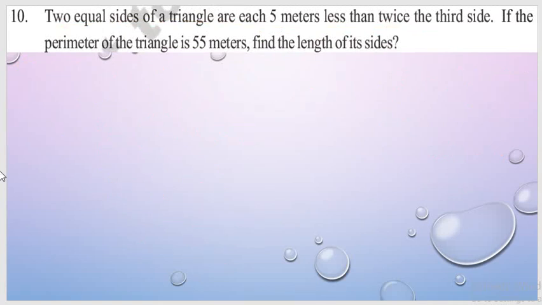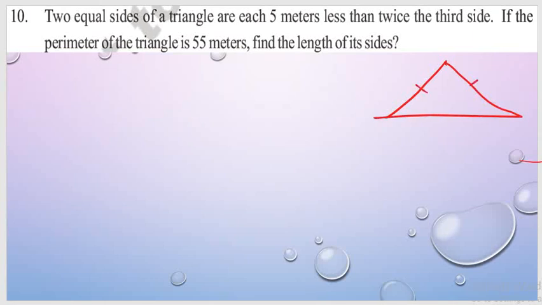Question number 10. Two equal sides of a triangle are each 5 meters less than twice the third side. So here I am having two equal sides of a triangle. Now for this, I am going to consider a triangle, right?